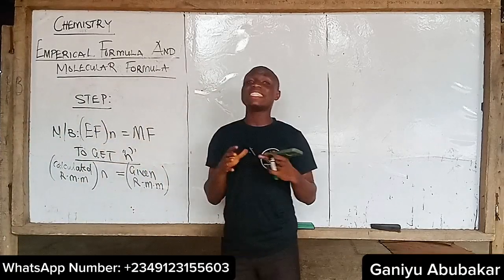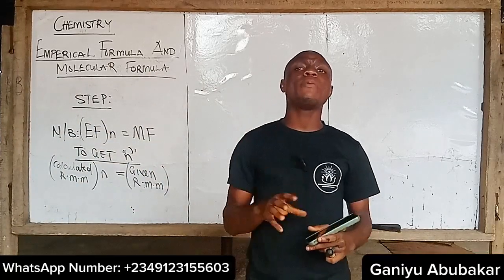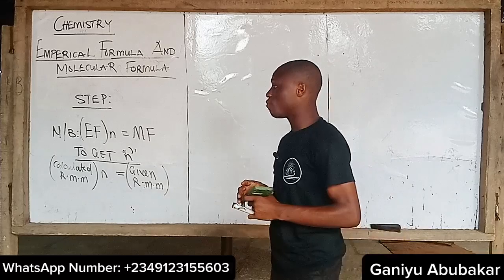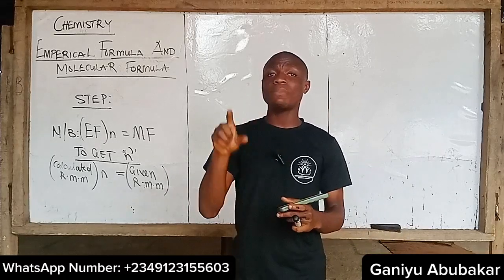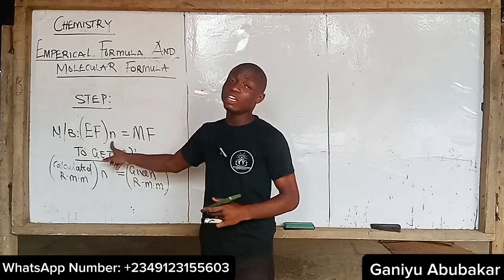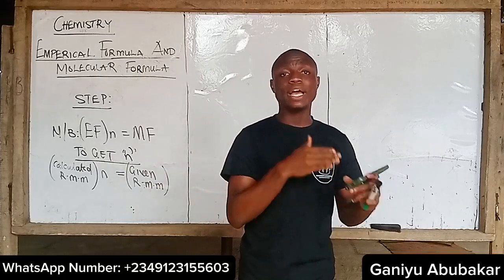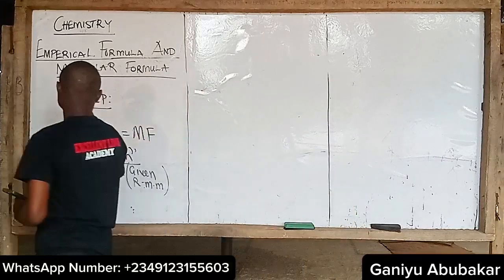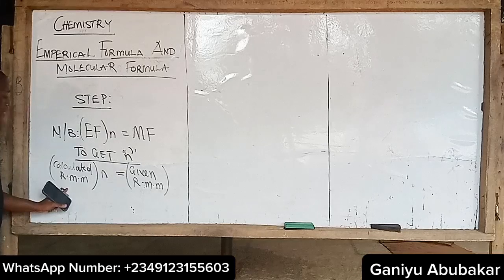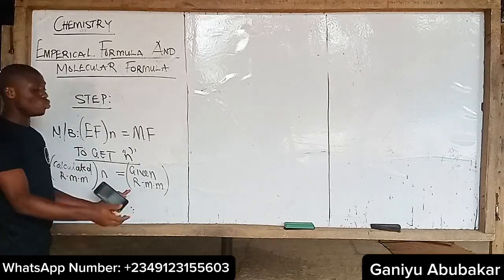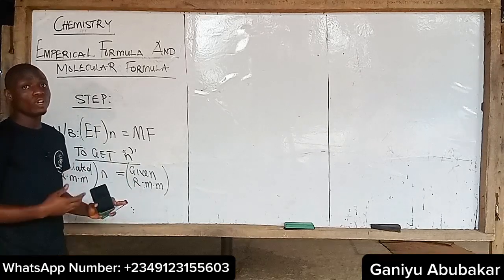So the idea now is that after knowing your empirical formula, how do you get molecular formula? Note that empirical formula multiplied by n gives molecular formula. So how do you get n? We said you get your n by multiplying n by the calculated relative molecular mass and equating it to the given relative molecular mass.